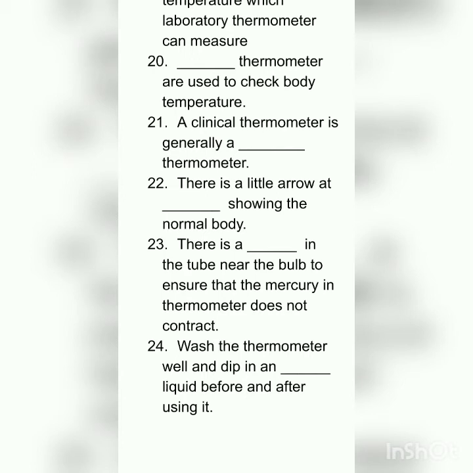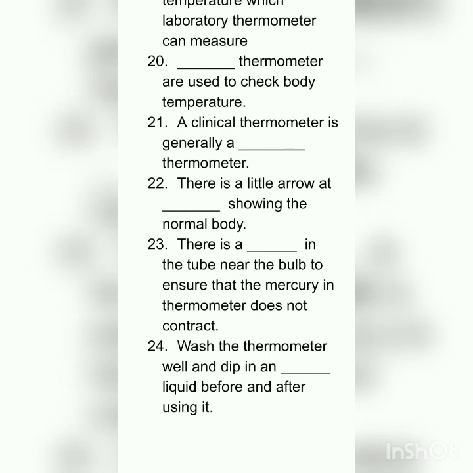There is a constriction in the tube near the bulb to ensure that the mercury in the thermometer does not contract. What is there in the thermometer near the bulb? Constriction or kink. What is the function of this kink? When we take the temperature of a person, if the constriction is not there, then the mercury will flow back into the bulb, but this kink stops this flow back.